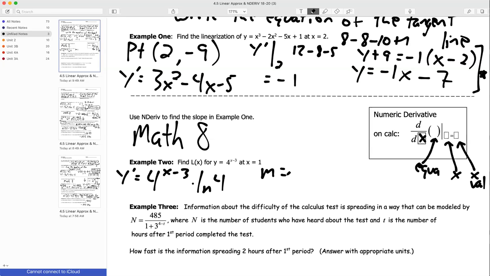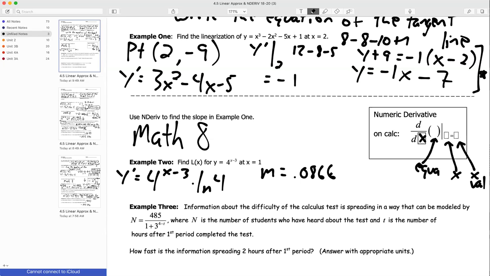So you're going to do math 8, and your equation would be the original equation here, 4 raised to the x minus 3. Then you evaluate that at 1, and somebody help me out. Tell me what you got. The derivative at the point is, I got 0.0866.